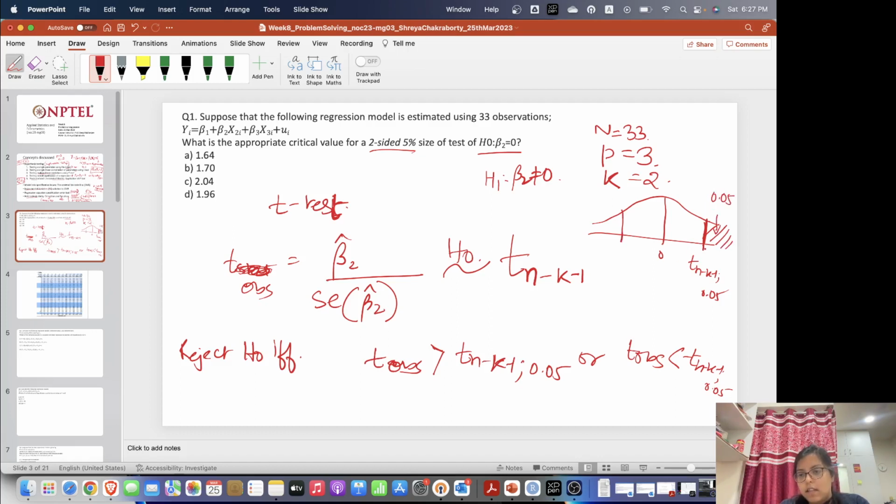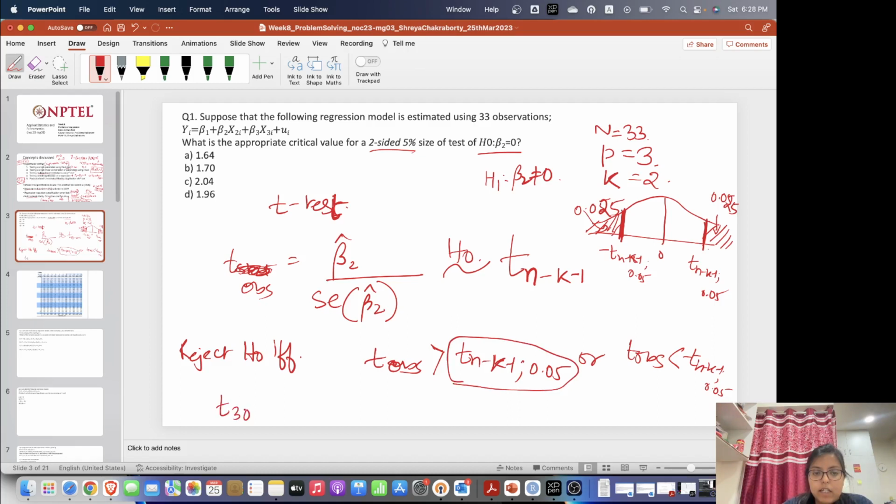Similarly, minus t n minus k minus 1 0.05 is the point below which the area is 0.05, so that the total area is 1. Then the appropriate critical value is this thing.